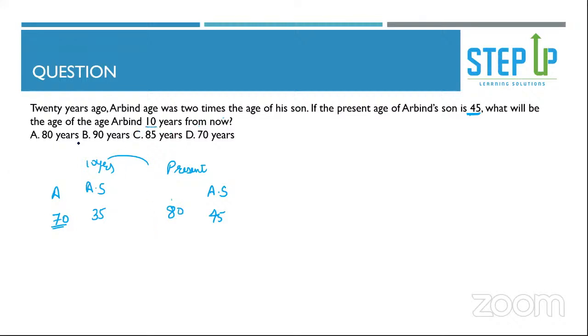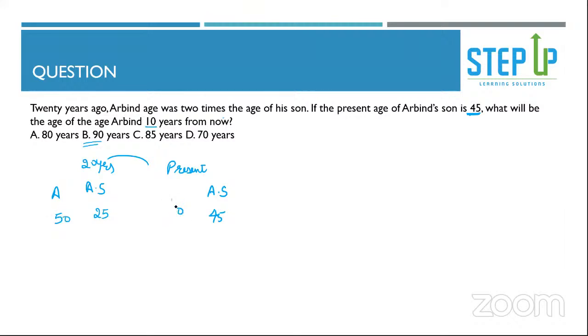I think isn't the answer 90? Oh, that's 20 years ago, not 10 years ago. So 20 years ago, the son would be 25, so Arvind would be 50.